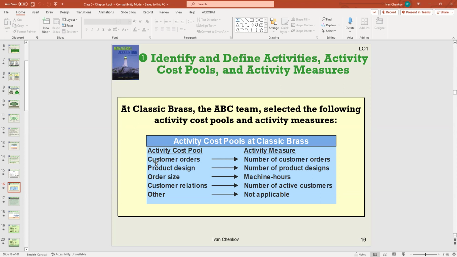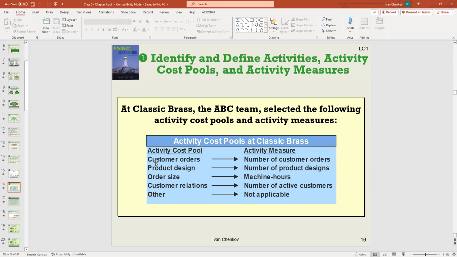How are we going to measure it? For customer order, we're going to use a transaction driver, which will be the number of customer orders. So every time the customer places an order, that's going to drive the cost for the customer order. For product design, again, we're going to use a transaction driver, which will be the number of product designs. Every time we have to perform product design, that's going to drive the cost for the product design.